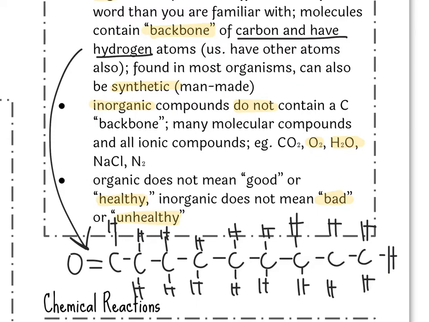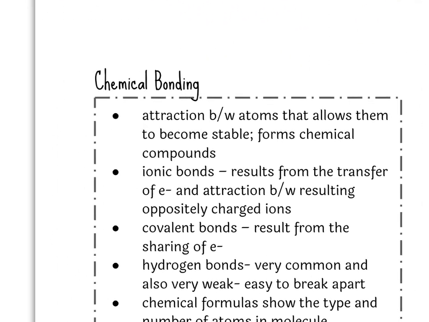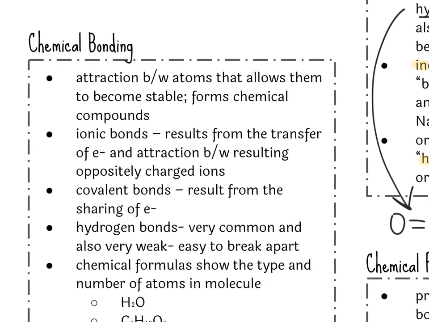We are going to go ahead and move over to this side of the notes, chemical bonding. So you've probably heard of chemical bonds. I know I've mentioned it on this page already.